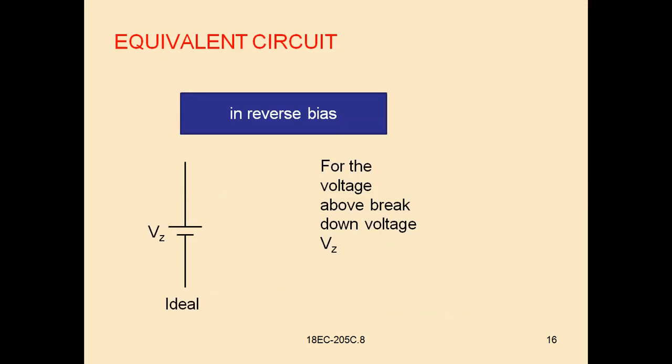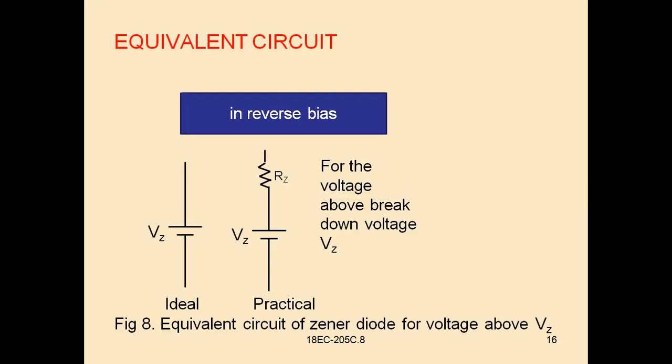Now, for a voltage above the breakdown voltage VZ, in practice we have at least some resistance which is added into this. So the equivalent circuit of the Zener diode for voltage above VZ is given here.